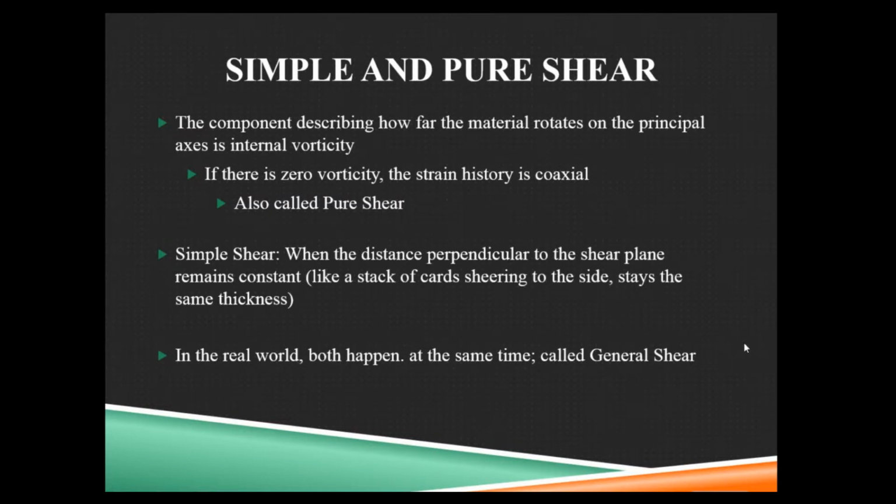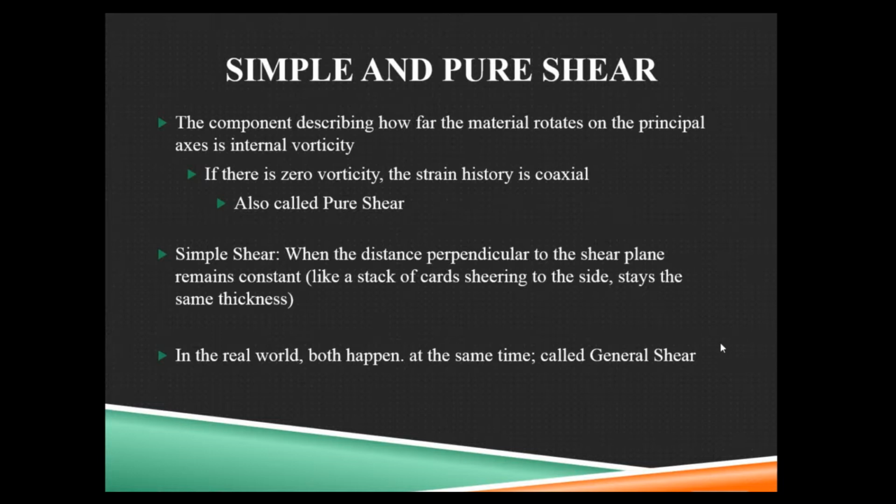Simple shear is when the distance to the shear plane remains constant. You think of a deck of playing cards and you kind of push on the side and it turns it into a parallelogram, but the thickness of that deck of cards is the same. It hasn't expanded or compressed. It's just changing the side to side stuff. So that is simple shear.